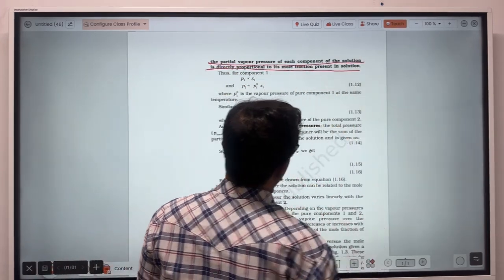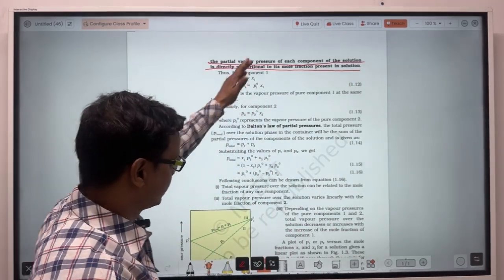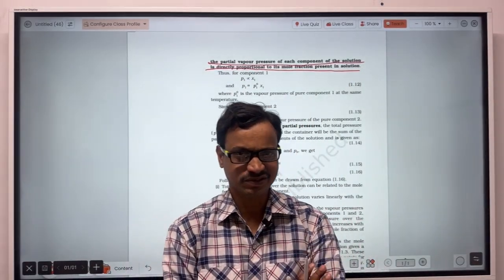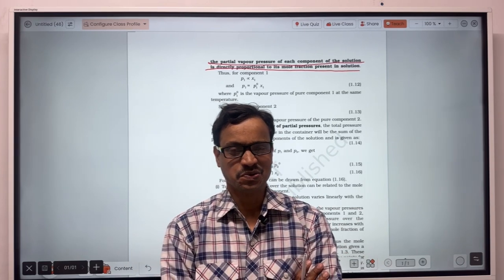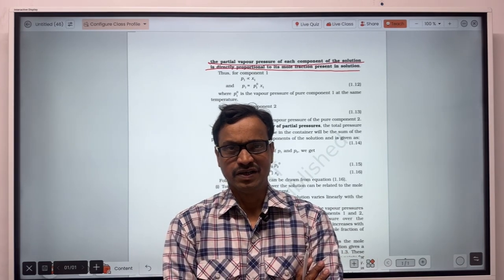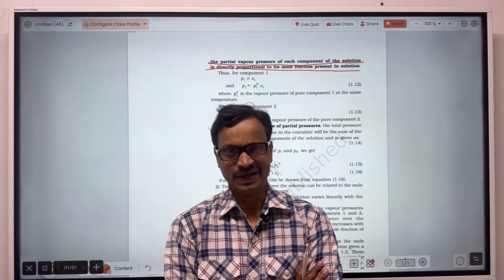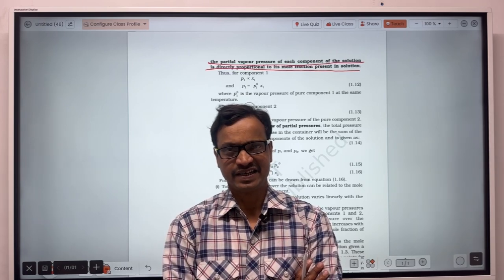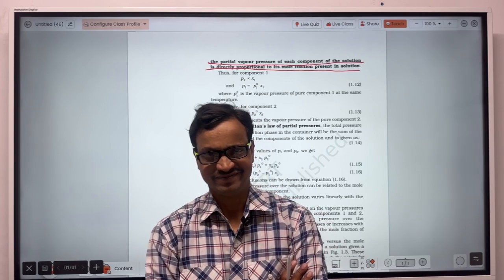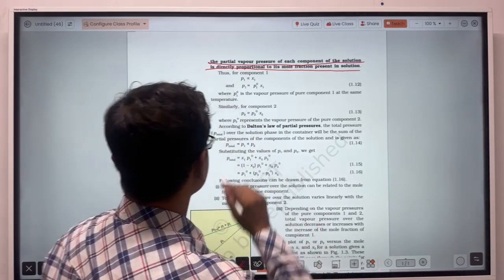Same is stated here. Either you may write the definition given in the NCERT book, or you may write that the solubility of a liquid in a liquid will be directly proportional to the vapor pressure of that liquid. Okay guys, that is here.